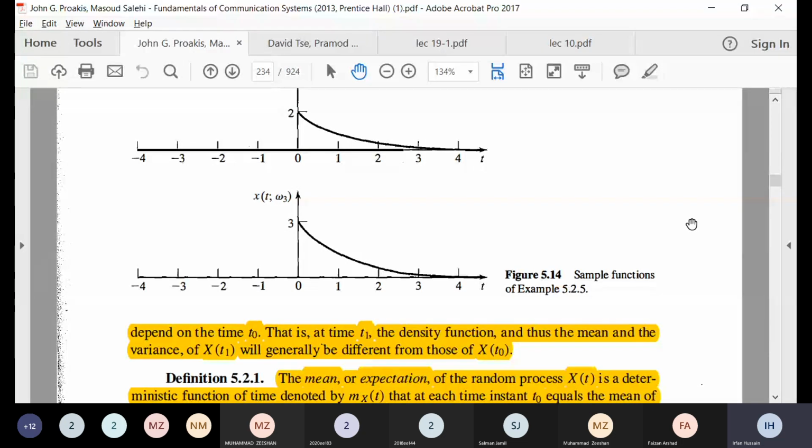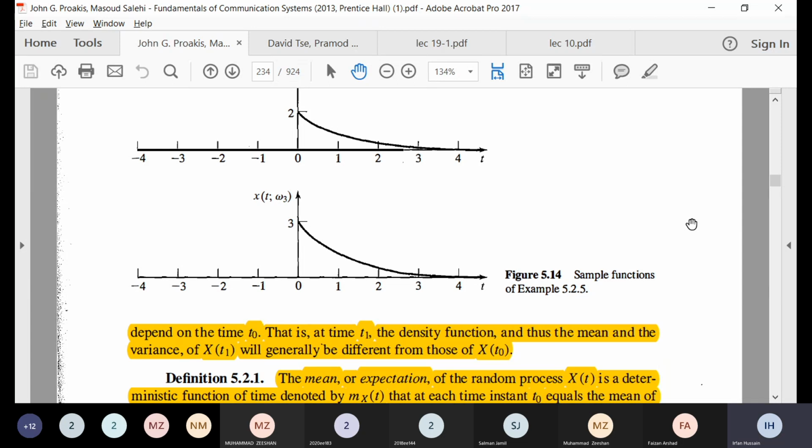If you find the mean and the variance of the random variable which is drawn from the random process at some fixed time, they will represent the mean and the variance of the random variable at that fixed time drawn from the random process.